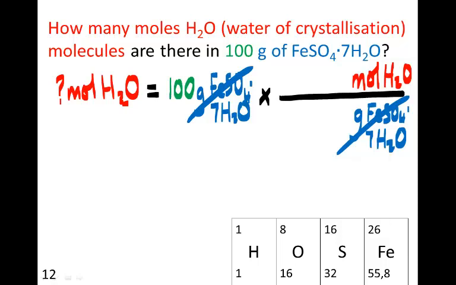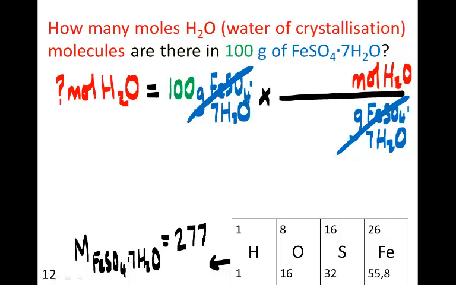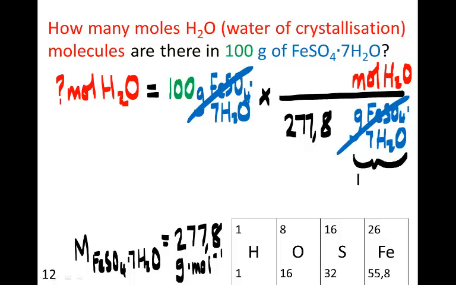Again, we could split this into 2. We've already calculated that the molar mass of iron sulfate with water of crystallization is 277,8 grams per mole. So that means that if you have 277,8 grams of iron sulfate, that is 1 mole of iron sulfate with water of crystallization.